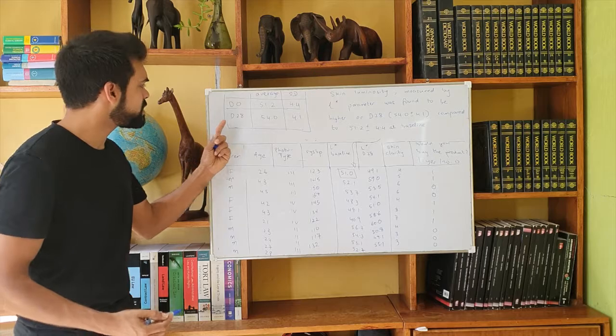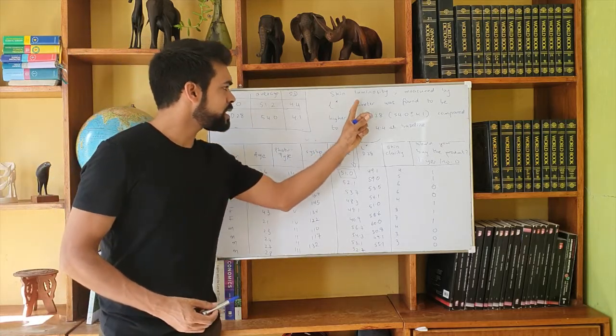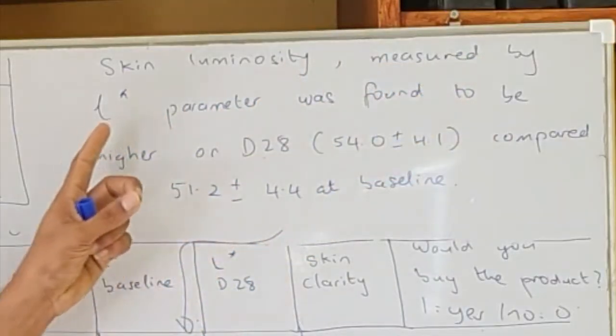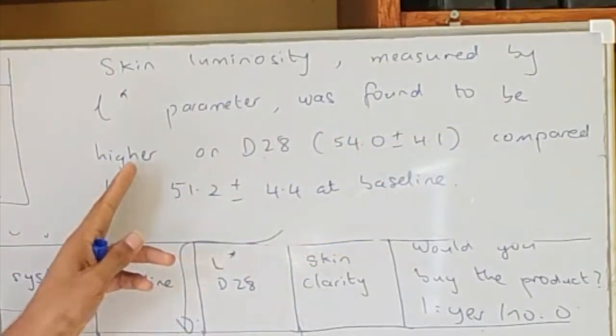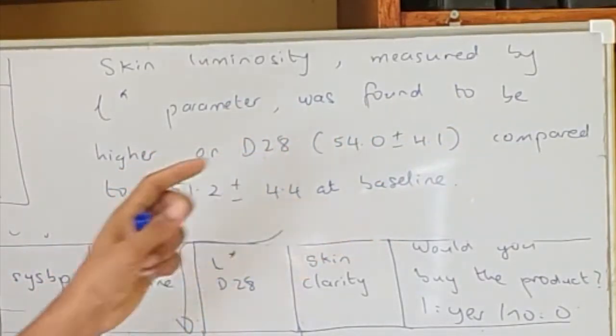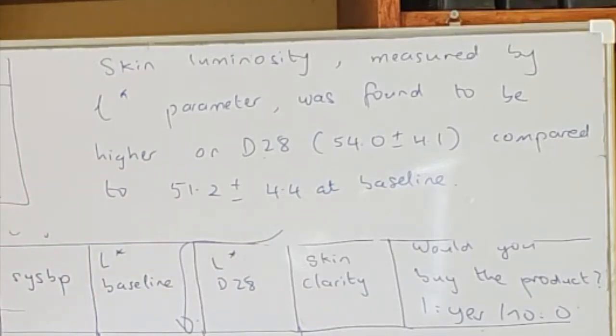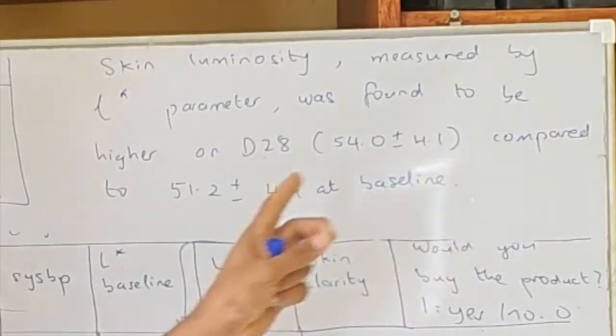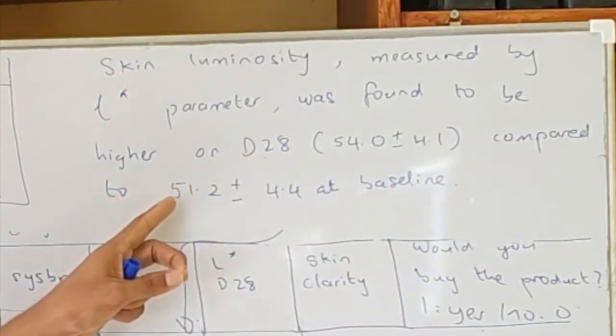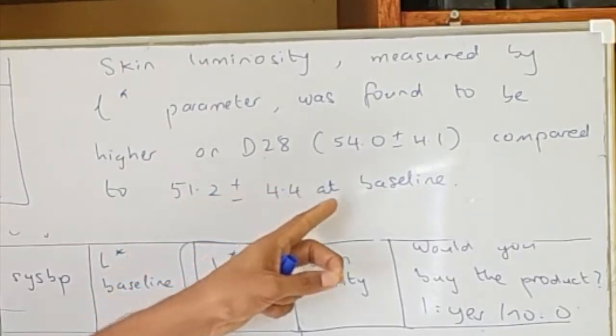So I can write a simple conclusion that skin luminosity measured by the L parameter was found to be higher on D28 compared to 51.2 at baseline.